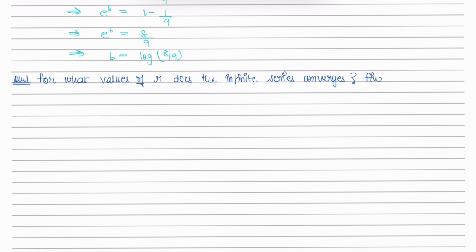Find the sum of the series when it converges. The series is 1 plus 2 times r plus r square plus 2 times r cube plus r to the power 4 plus 2 times r to the power 5 plus r to the power 6 plus so on.